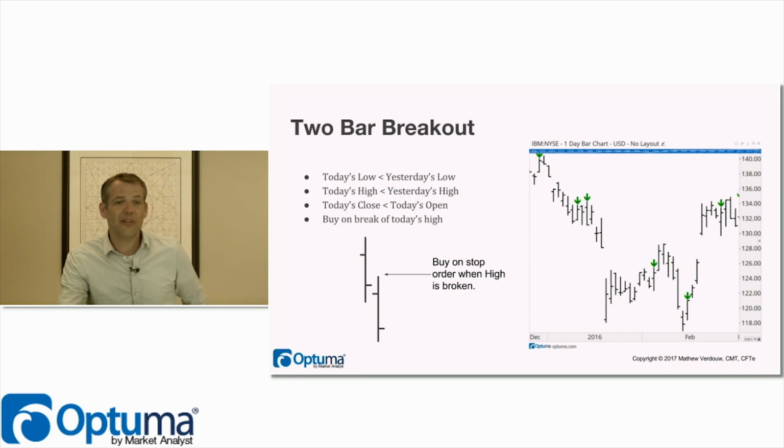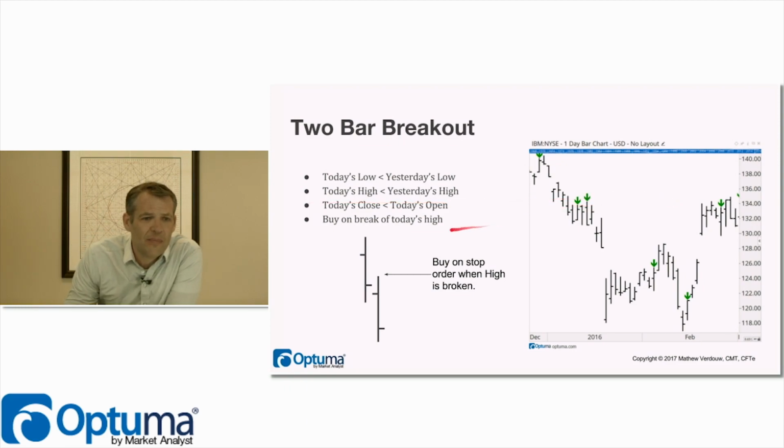If that's the case, we're going to buy when that high is taken out. So you're really waiting for the next bar. In this case, we've got our bar, we've confirmed that it's a lower top and a lower bottom, we've confirmed that the close is lower than the open, and now we're waiting for the next bar to see whether we take out this top. And if we do, then we're going to take that signal.